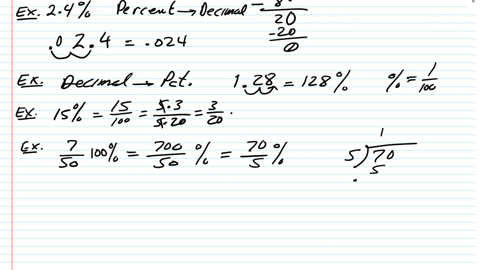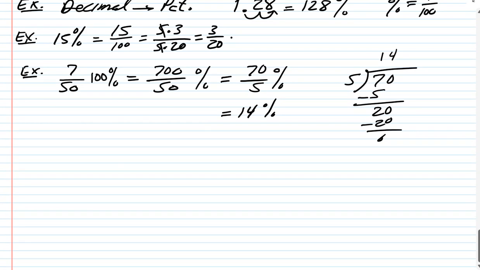1 times 5, 5, subtract. 20 divided by 5 is 4, no remainder. So it's going to be 14%. That's what that is. Okay, 14%. That's the percent representation of that fraction.